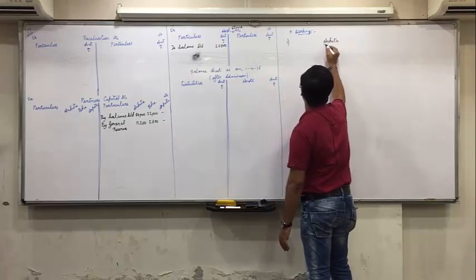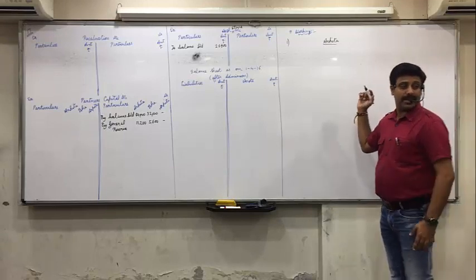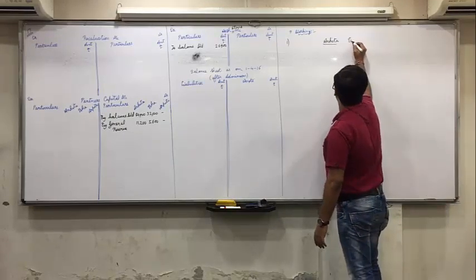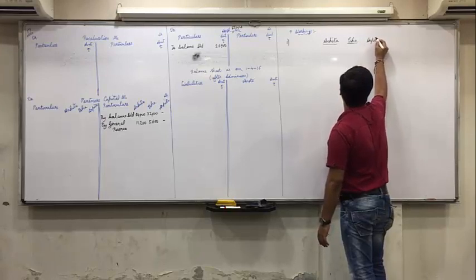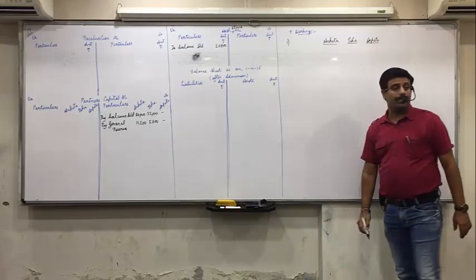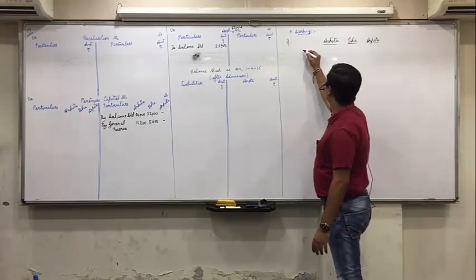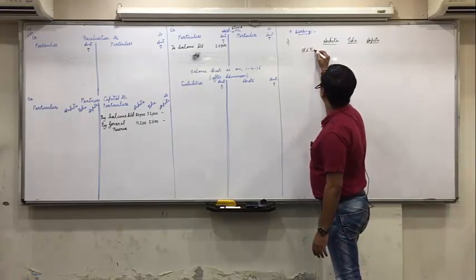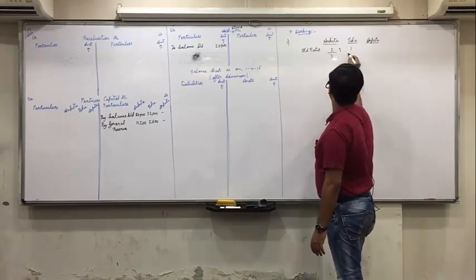Ankita, Isha, Arpita. Now, old ratio is 2:1. That is 2 by 3, 1 by 3.